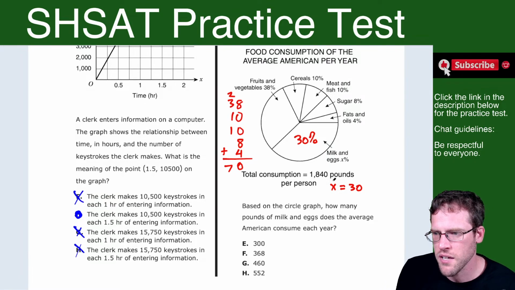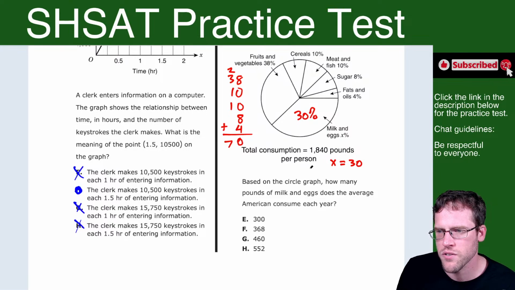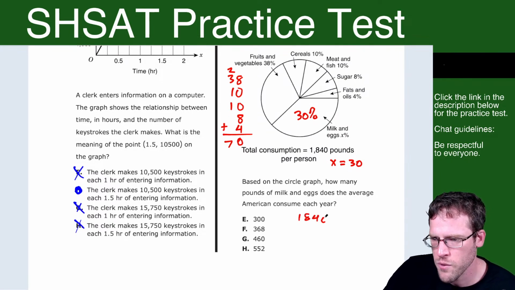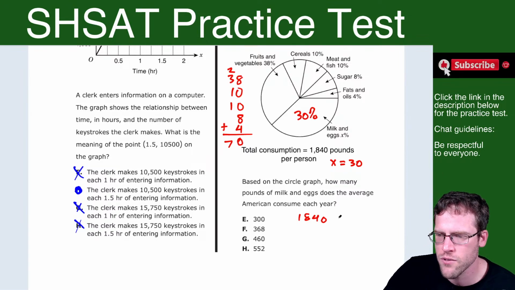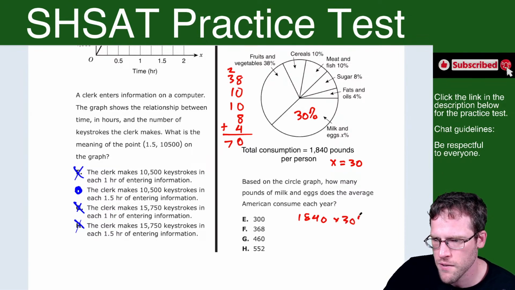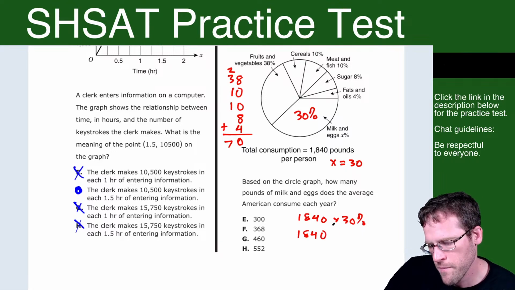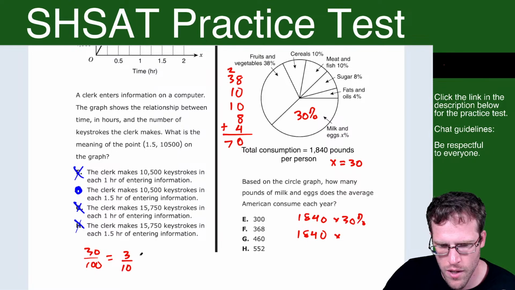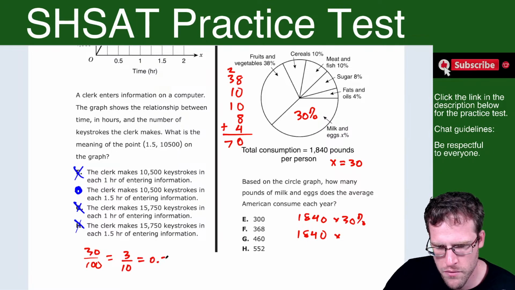So based on the circle graph, how many pounds of milk and eggs? We just have to take 30% of 1,840 because the total consumption is 1,840 pounds. But just know when I do times 30%, that's the same thing as doing 1,840 times 30 over 100. And 30 over 100 is the same thing as 3/10, which is 0.3.